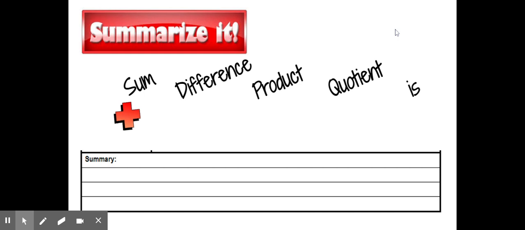Yep. How about difference? What does that word mean? Absolutely. What about product? Yep. And quotient? That's division. Now, when I see the word is, I want to change it into what symbol? Equals. Perfect. It's important we know these because when we're changing phrases into an equation, we want to change the word into a mathematical symbol.